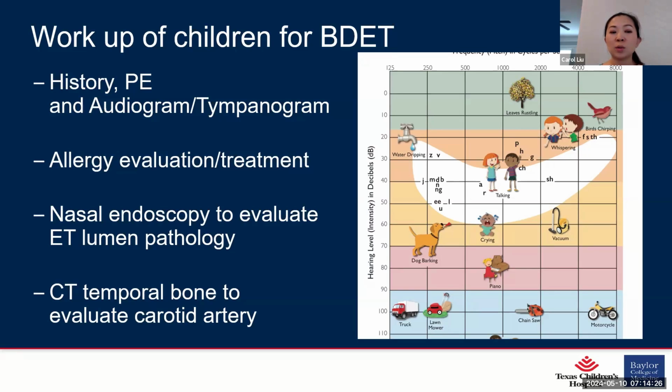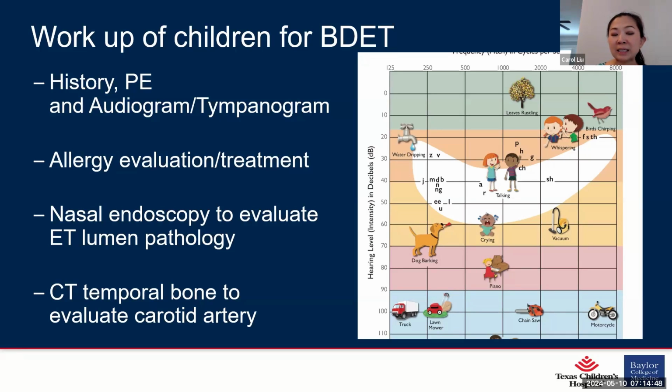So on some of the kids, when it's not as clear what the cause of their eustachian tube issue is, I will put in a nasal endoscope. And I have been finding a lot more patients than expected that have patulous eustachian tube, which makes them not a candidate for balloon dilation of the eustachian tube.